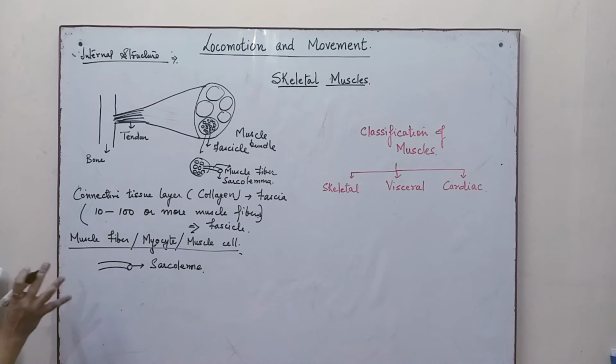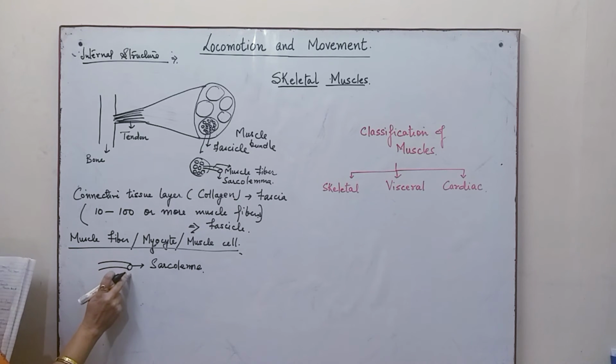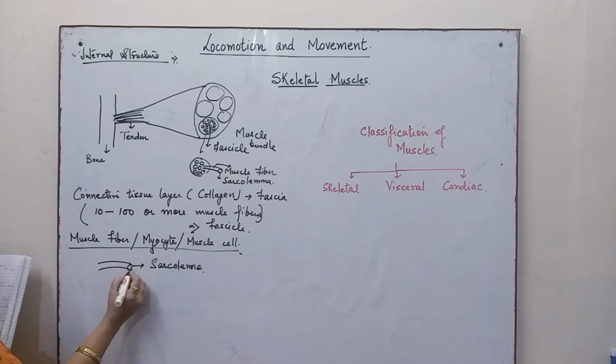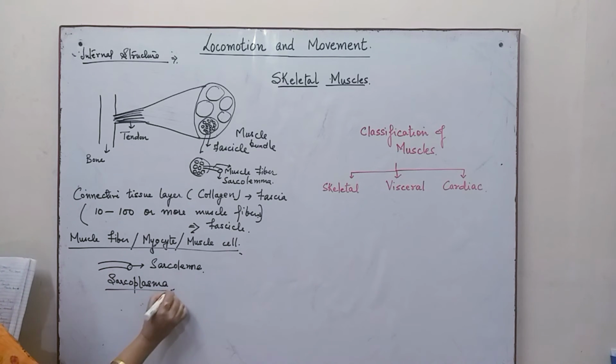Now this sarcolemma is named so because it is lining the muscle fiber, and inside it has sarcoplasm. So inside the sarcolemma, that means the plasma membrane, we have the sarcoplasm, and this sarcoplasm is comparable to the cytoplasm of a normal cell, but it has several other modifications.